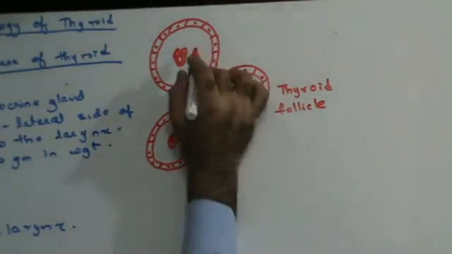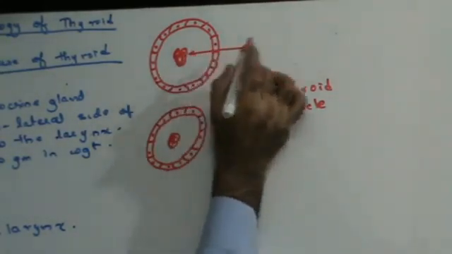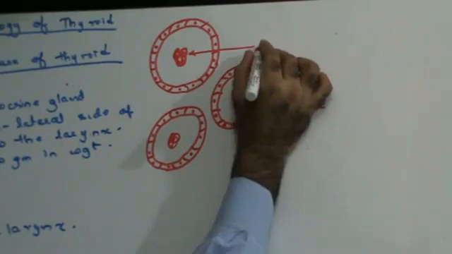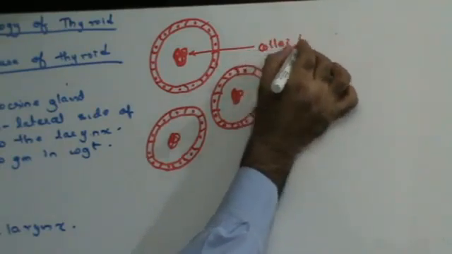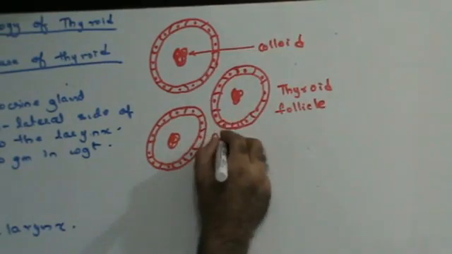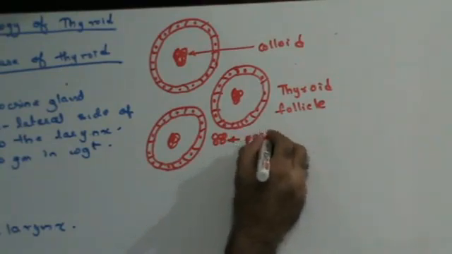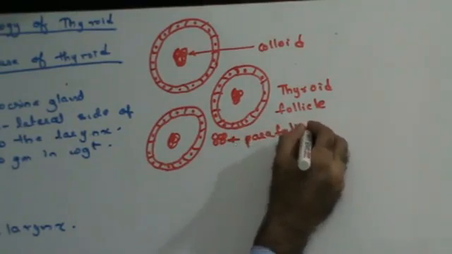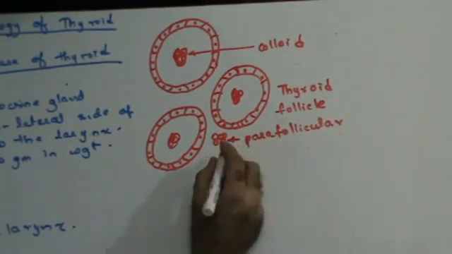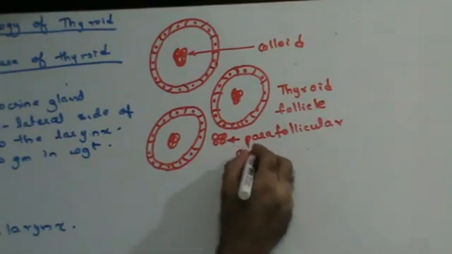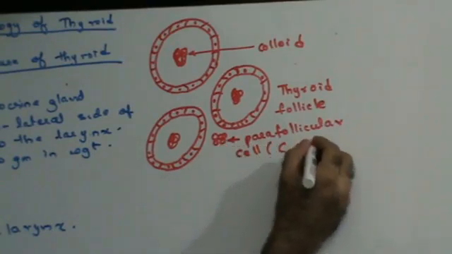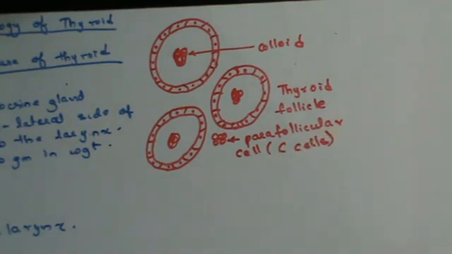Inside this you have colloid, and here you have parafollicular cells, which are also called C cells. Right? So that's your histology of thyroid.